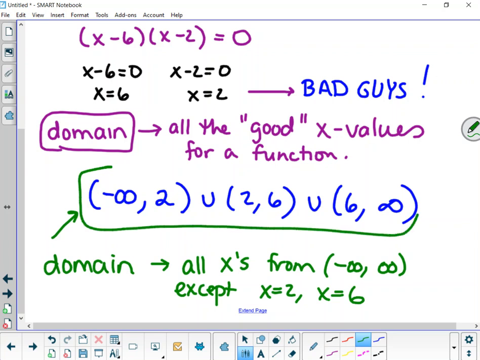So this is one way to write it. That's one way to say, hey, look, it's all of these numbers. All the numbers from negative infinity to 2 and all the numbers from 2 to 6 and all the numbers from 6 to infinity. Those are good x numbers for my function.